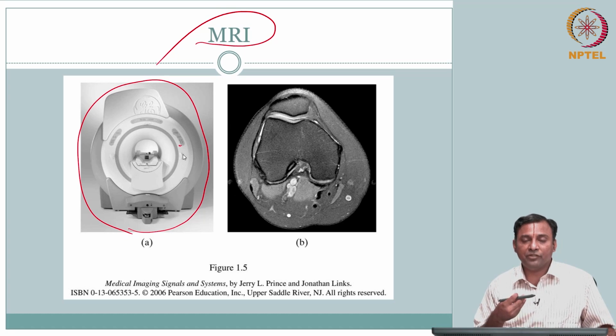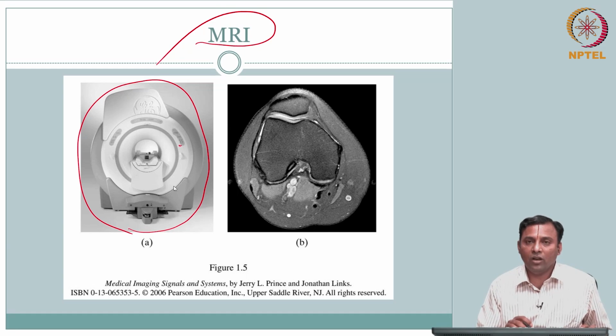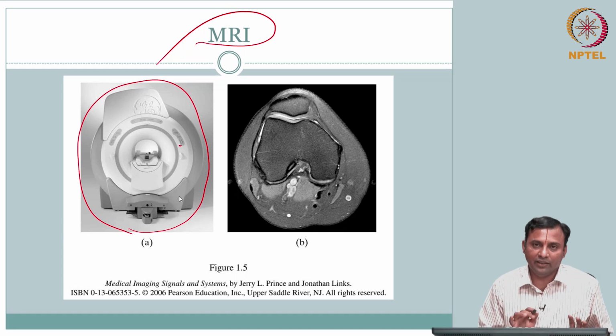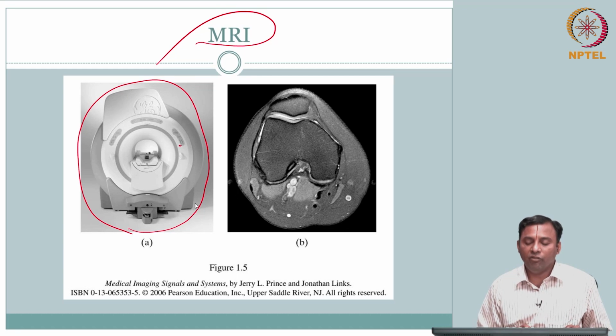If they have some implants or anything, they may or may not be suitable. You cannot bring your wallet in, or keychain. So there is a lot of infrastructural requirement and technical support that is needed to do the imaging. That is not captured here, but from a technical perspective, this is one of the most versatile imaging modalities.